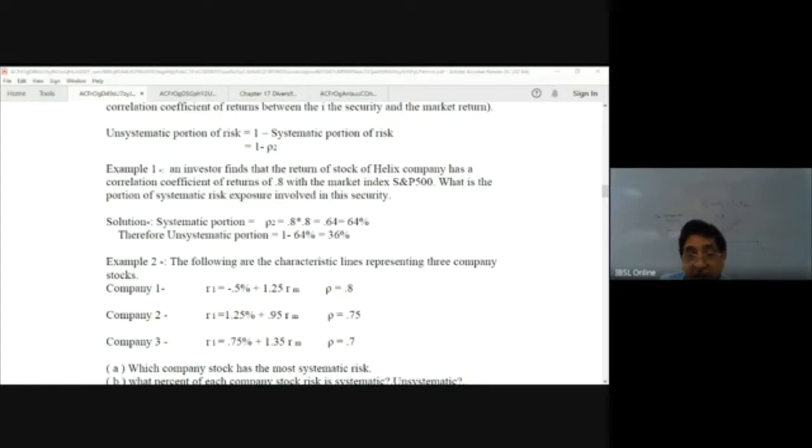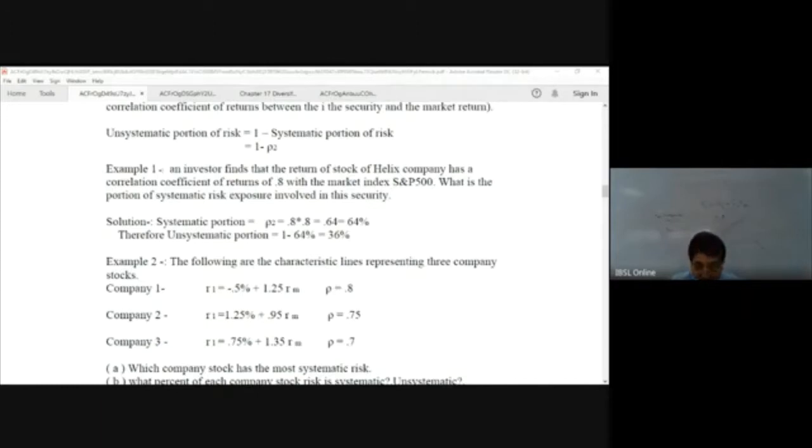I think you wanted to put it in 2 decimals. Is that the case? Anyway, it's okay. Right. Now you can say, what is the unsystematic portion? What is the unsystematic portion of company 2? Yes. 43.4375 or 43.75. That's correct. Yes, correct. Right. Now I think you got the point.